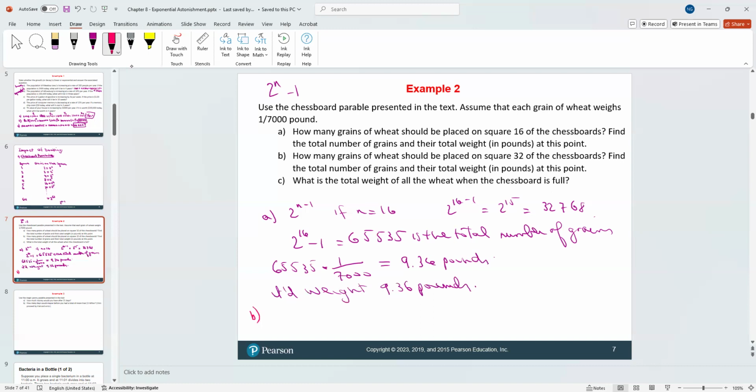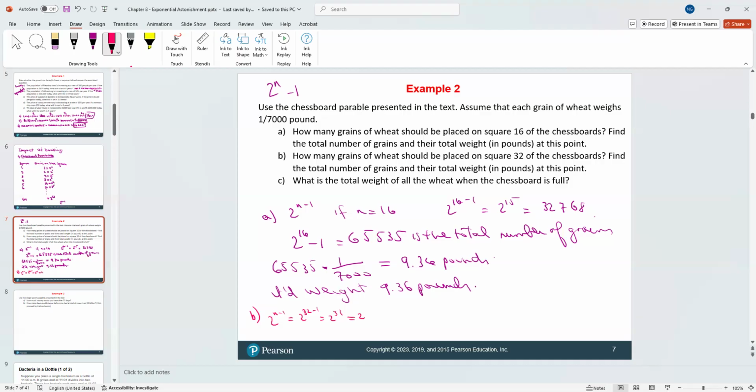So now the second question is about the 32nd square. The first thing to remember is you do 2 power what again? n minus 1 would be 2 power 32 minus 1, which is 2 power 31. If you do this one, power 31, look at the number you're going to have.